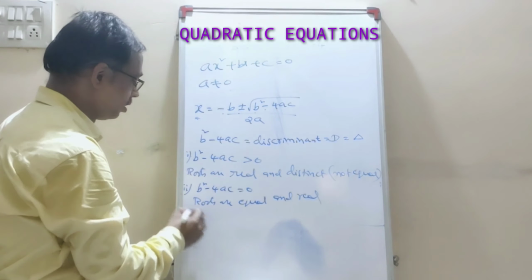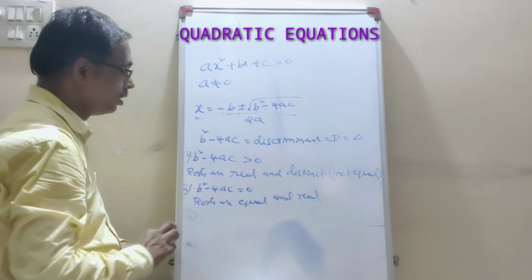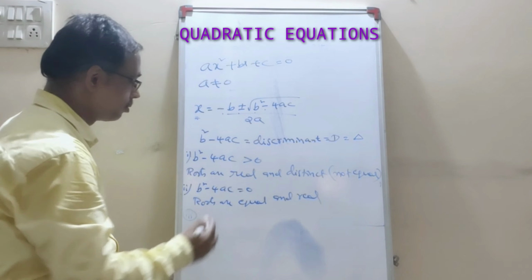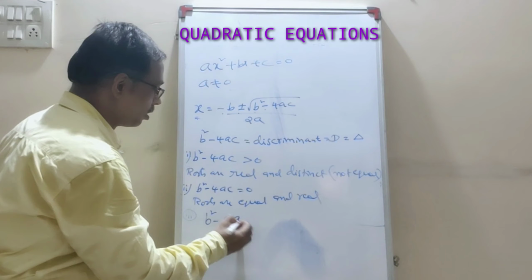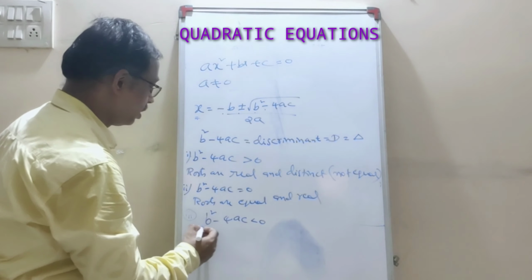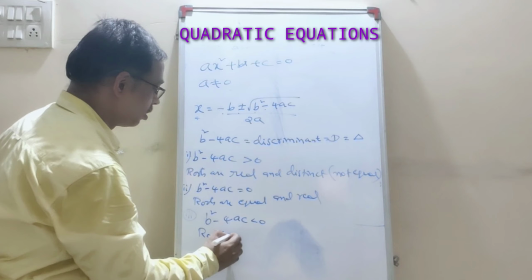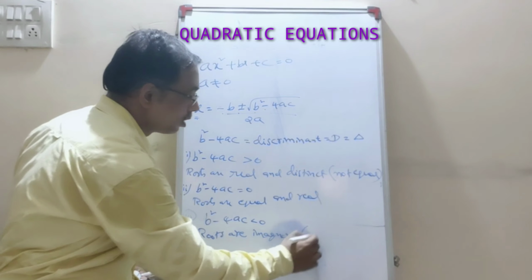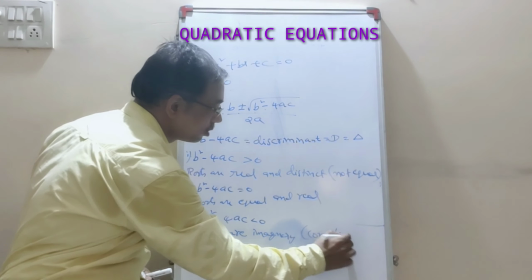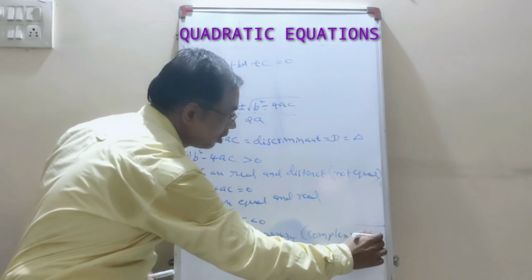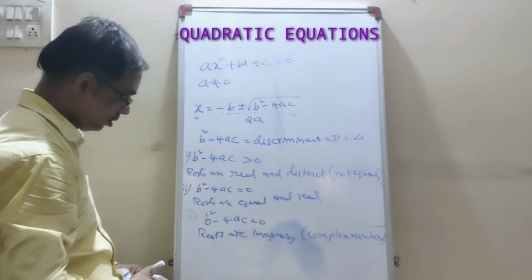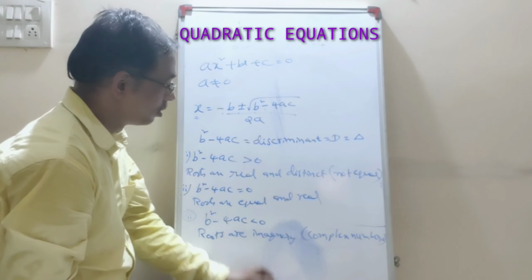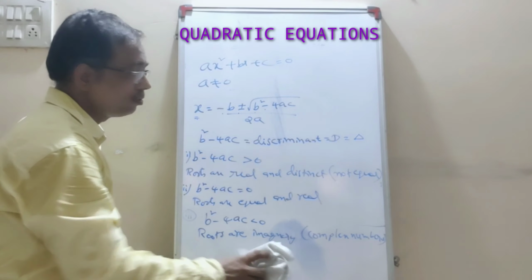Next, if b² − 4ac, the discriminant, is less than 0, then we can write the roots are imaginary, or complex numbers, or not real. So depending upon this discriminant, we can find the nature of the roots. We will continue later.